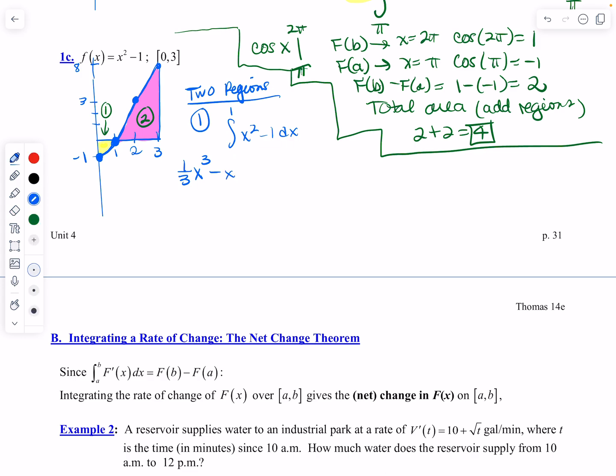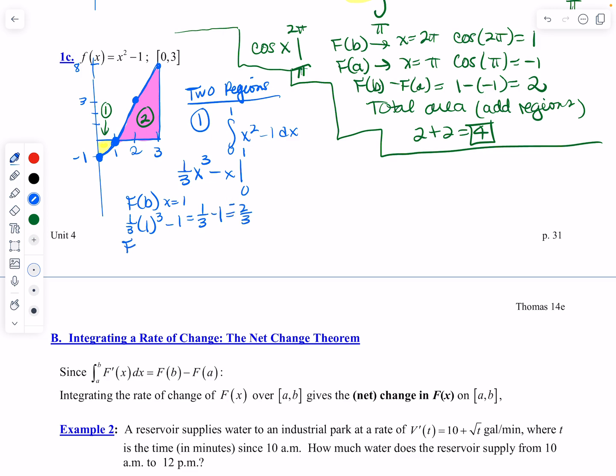And I'm going to integrate that from 0 to 1. Okay? So I'm going to look at f at b. Remember, that's the upper one, so x equals 1. So 1/3 times 1 cubed minus 1. This becomes 1/3 minus 1, which equals negative 2/3.